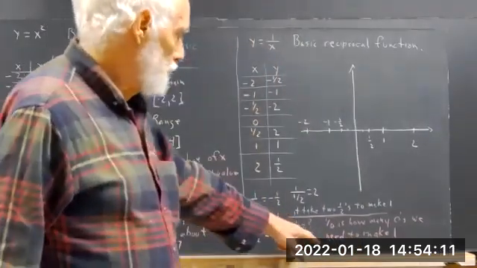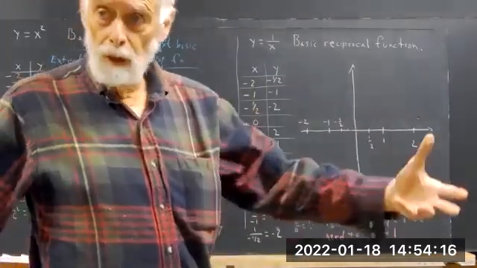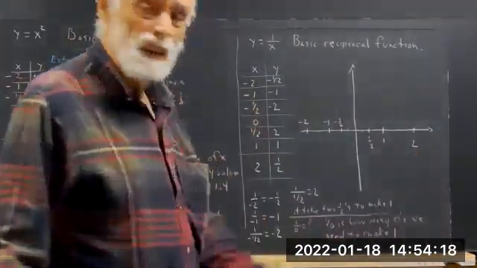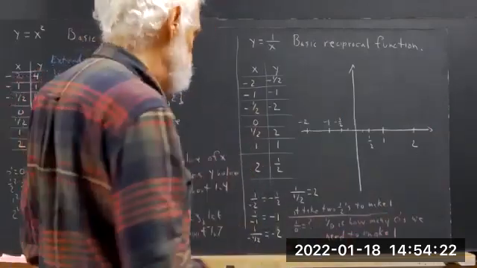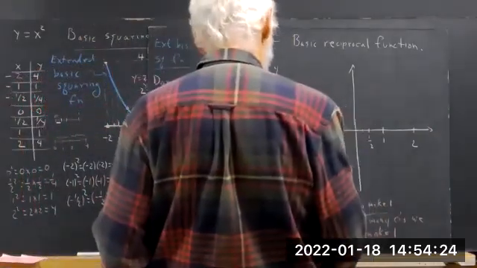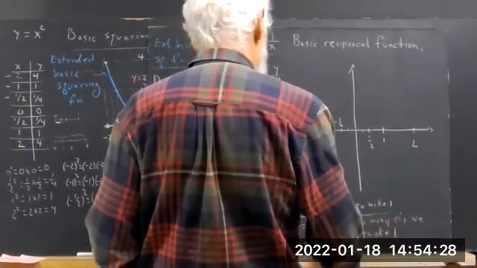It's how many zeros we need to make 1. Well, you can't make 1 out of zeros. There's no answer.